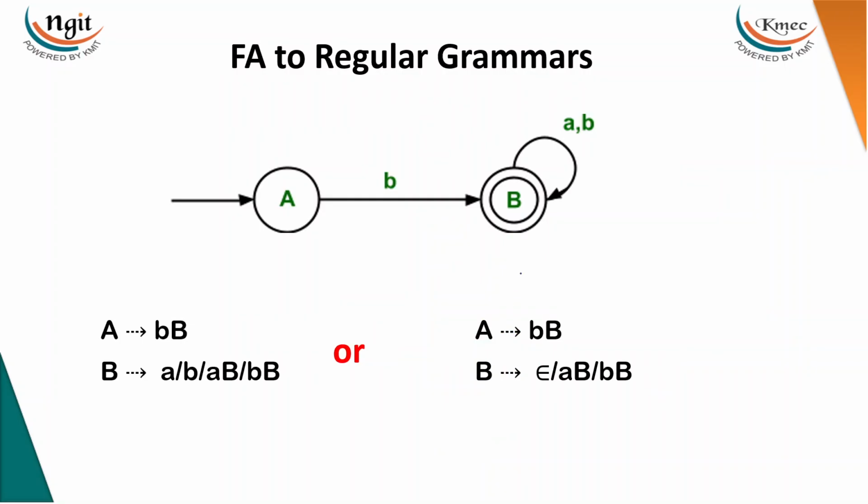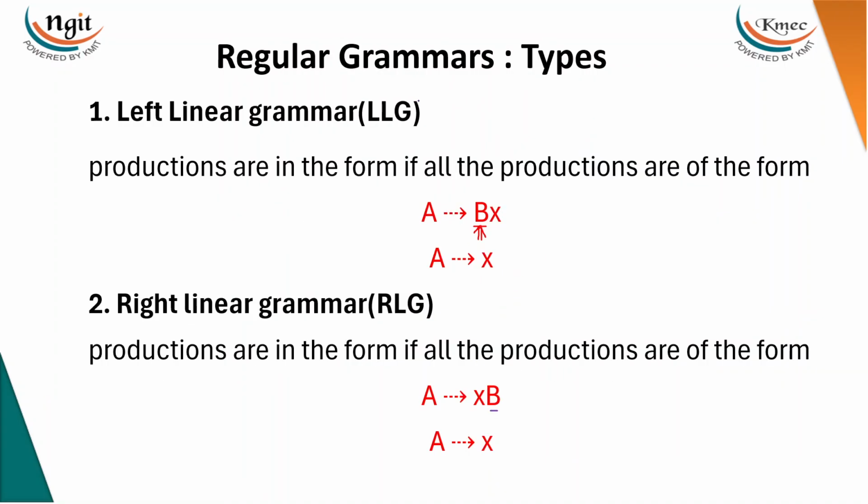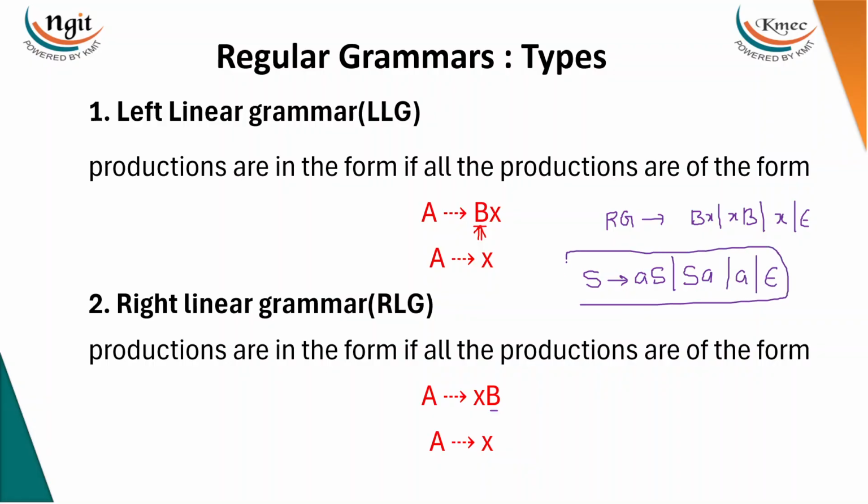We'll discuss that. Now, why do we need to go with left linear or right linear? Generally, if you say it is a regular grammar, then you can write a non-terminal followed by a terminal, or a terminal followed by a non-terminal, or a terminal alone, or epsilon. For example, take this grammar: S tends to AS or SA or A or epsilon. This is a regular grammar, right?